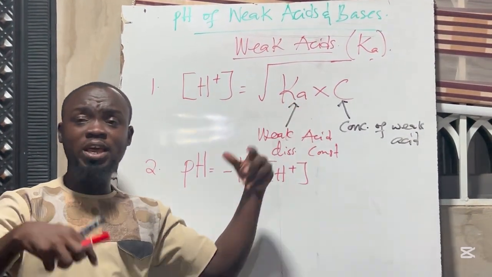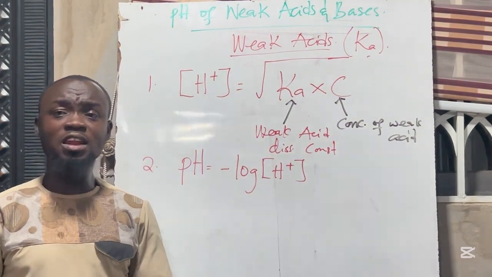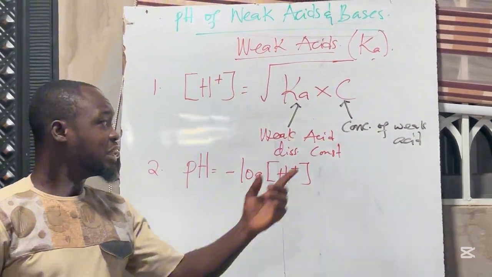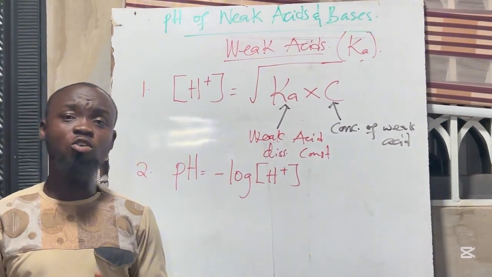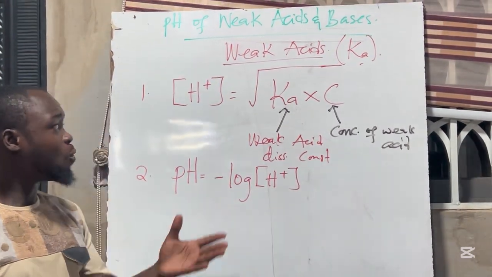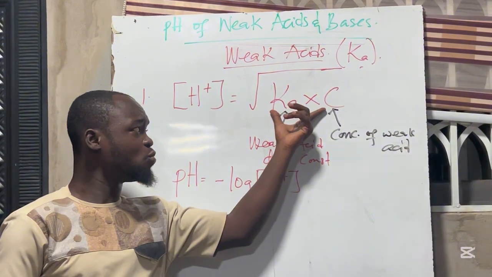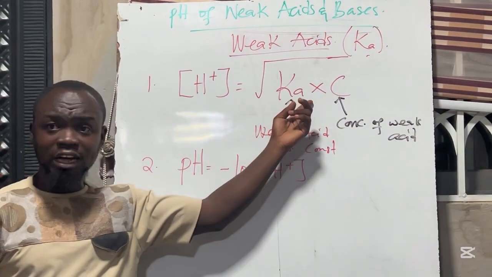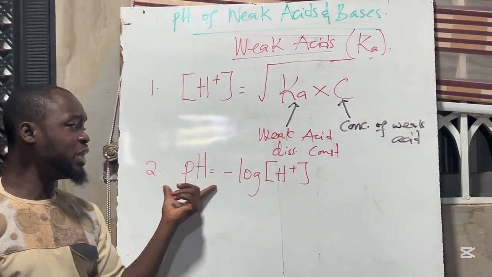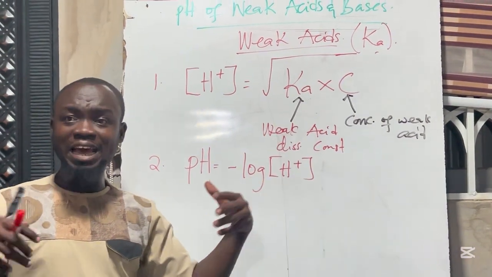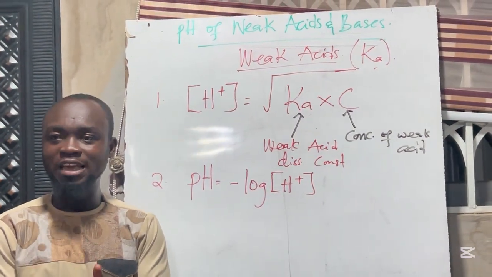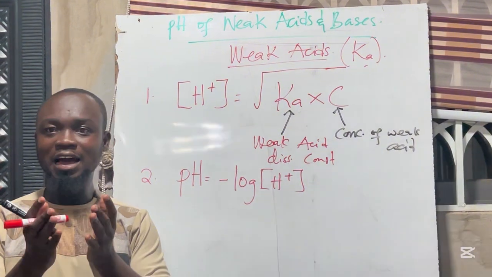The Ka is the weak acid dissociation constant, and its value will be given to you in the question. The C represents the concentration of the weak acid, and that will also be given to you in the question. So once you take the root of the product of these two variables, you finally use the relation pH is equal to negative log of the H plus ion concentration. Then you can get the pH of your stated weak acid.